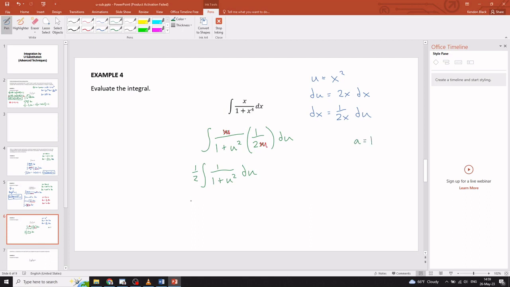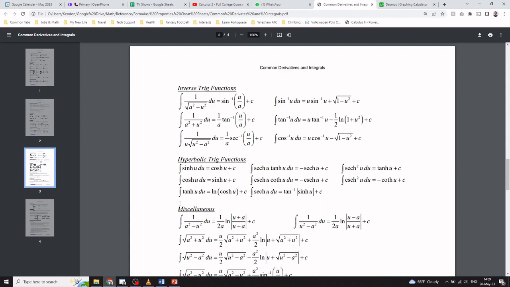And let's go ahead and plug that into the formula. So we're going to have 1/2. So we have u is just u and a is 1. So we use the formula. We get 1 over a, which is just 1, so 1 over 1 is just 1. We don't need to write that. Arctan of u over a, so just u, plus c. So we have arctan of u plus c.